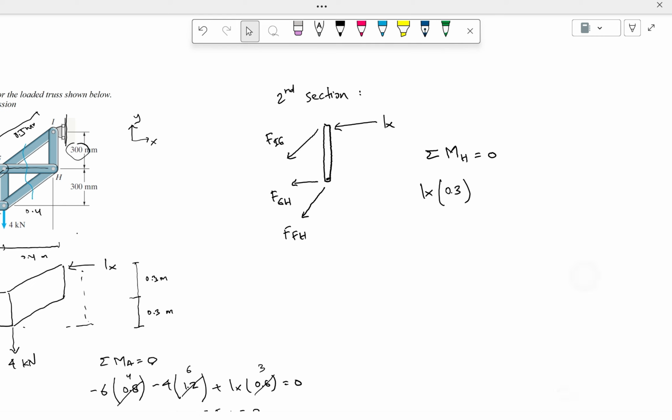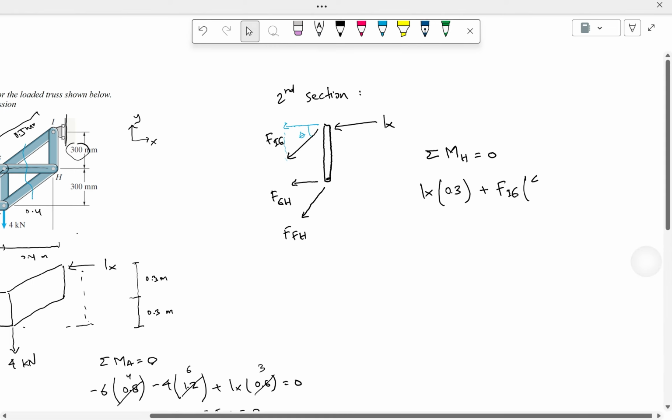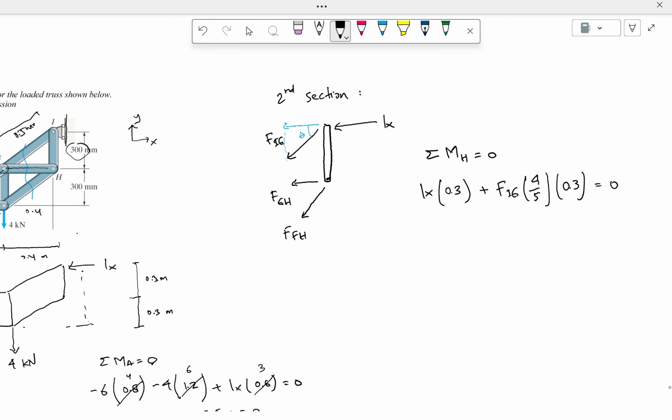We will have plus FIG, but not FIG itself, but the horizontal component of FIG cos theta, which means 0.4 divided by 0.5, 4 over 5, times the distance, which is also 0.3, equals 0. Am I right? I think I'm right, right?